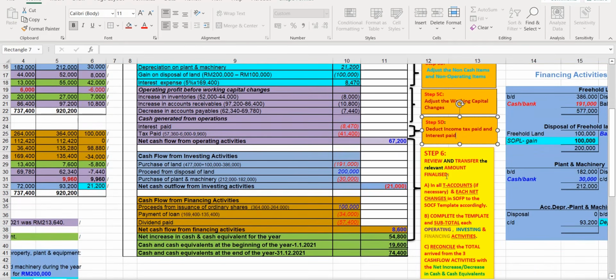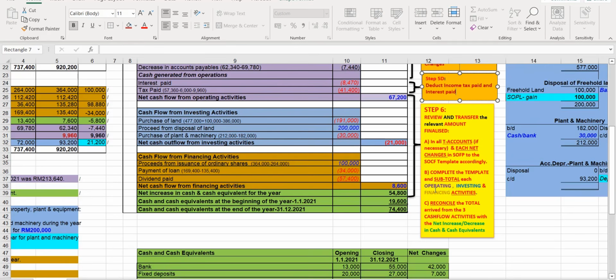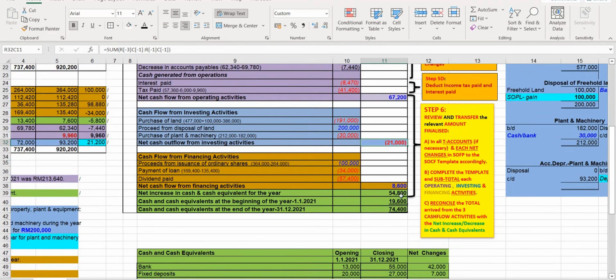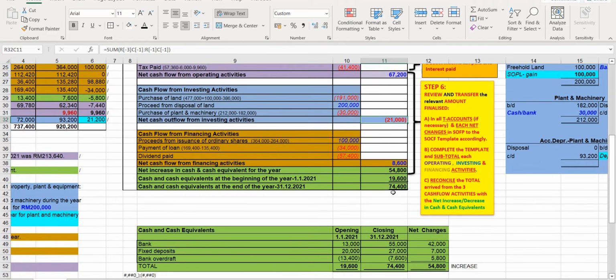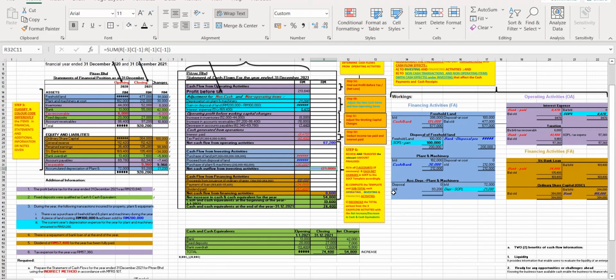And the last step is to review and transfer the relevant amounts. We have done that. In all T accounts, we also have transferred that to the template correctly. We have completed the template, and we have done the subtotal coming from these 3 activities, and it has now come to the same figure, 54,800. And now we are done with the preparation of the statement of cash flow.